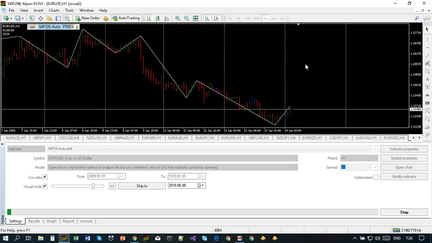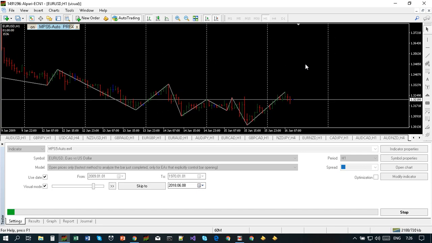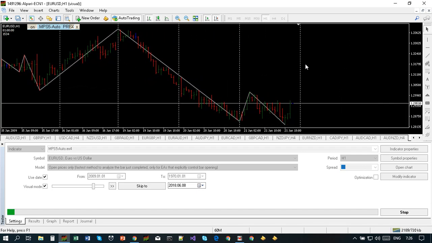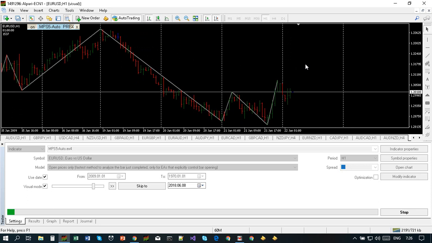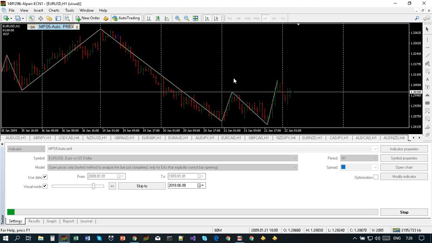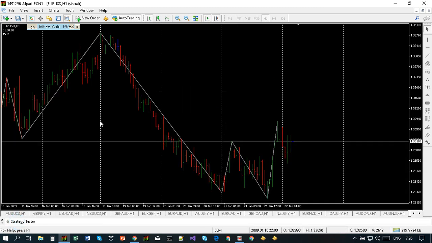So practice it, practice and practice, hours and hours, tens of hours, how these levels of support and resistance are broken, how they are respected, what this penetration is, what it means. Yes, will it move higher, will it move lower, and so on and so forth.